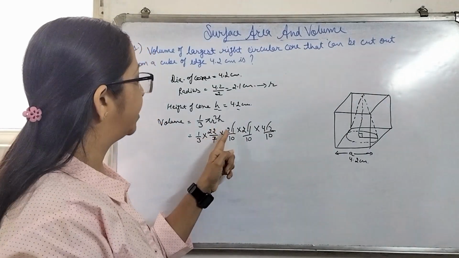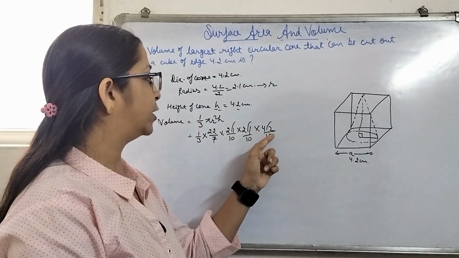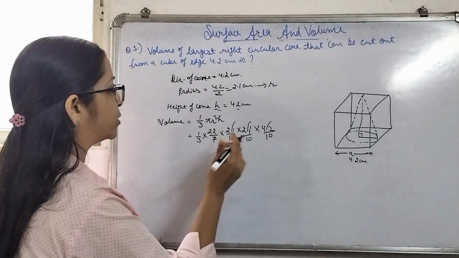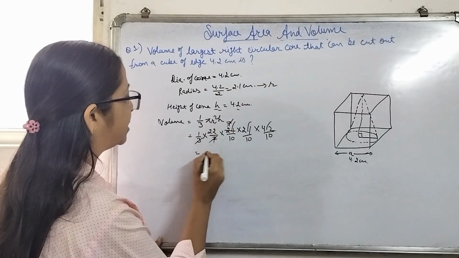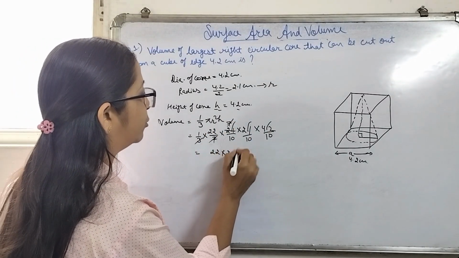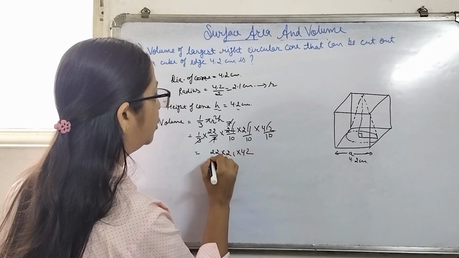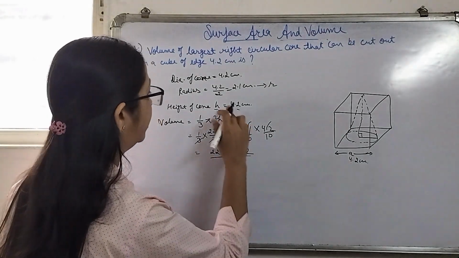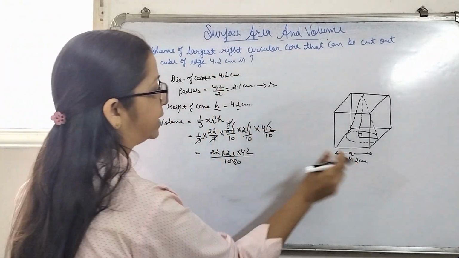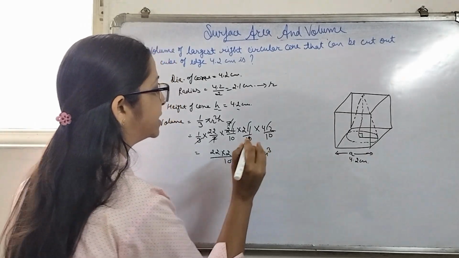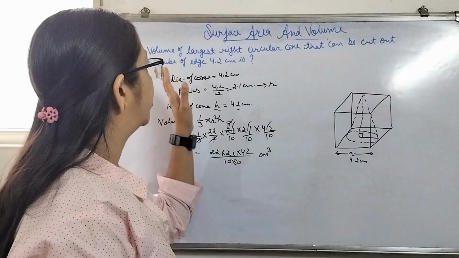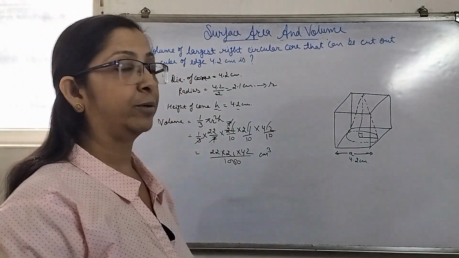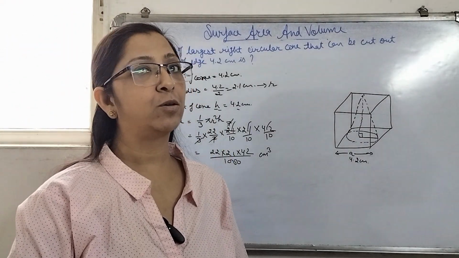So we will remove the decimals and 10 will come in the denominator. If we solve this, 3 7s are 21, 7 7 cancelled. That means we multiply 22 into 21 into 42 over 1000, and because it is volume and the unit is centimeter, the answer will be in centimeter cube. So we will solve it and we will come to know the volume of the cone. This is how we will be using the concepts.